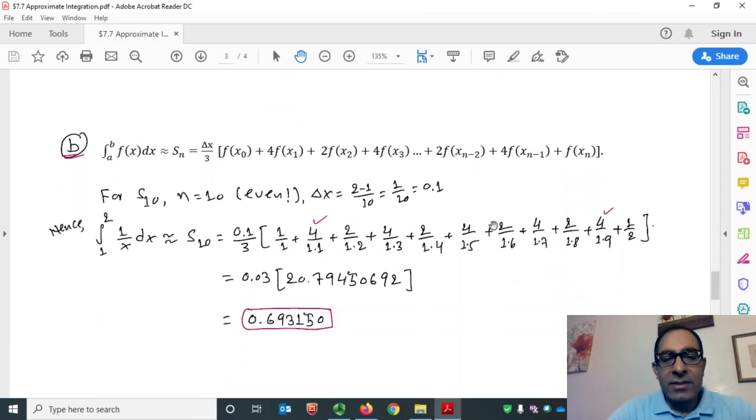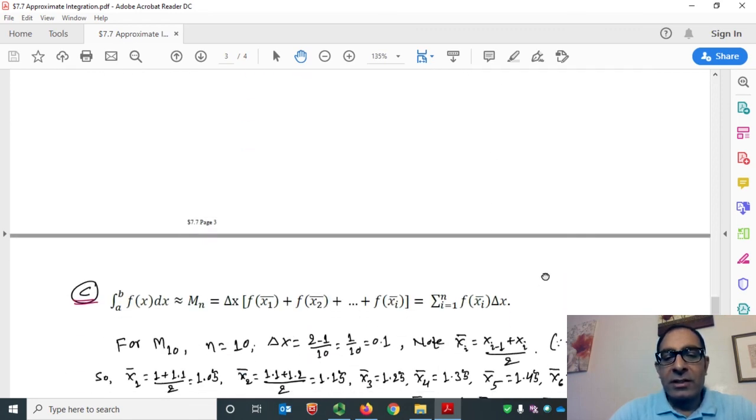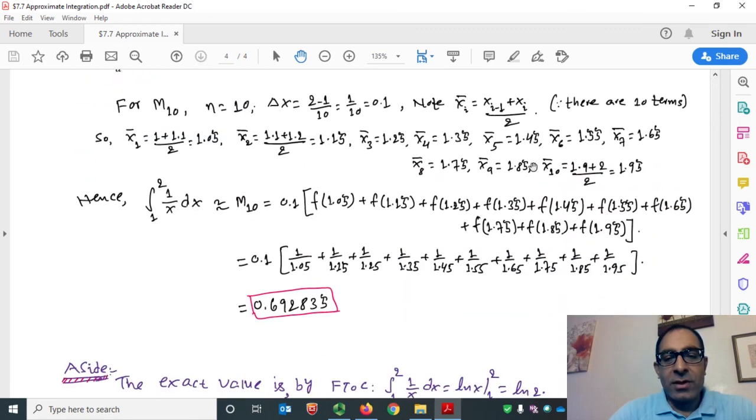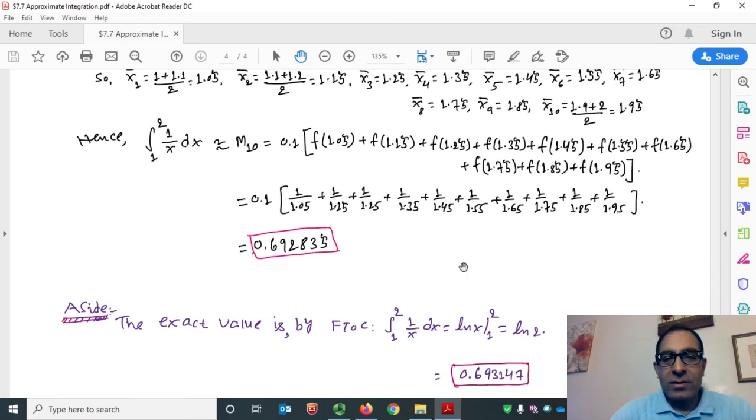And as I mentioned earlier, the definite integral is the limit of the Riemann sums. So to find the exact area, I need to take the limit here. That means I need to take n goes to infinity. Then that gives me the exact area under the graph of 1 over x by these previous methods. Awesome. I hope it makes sense to you all.